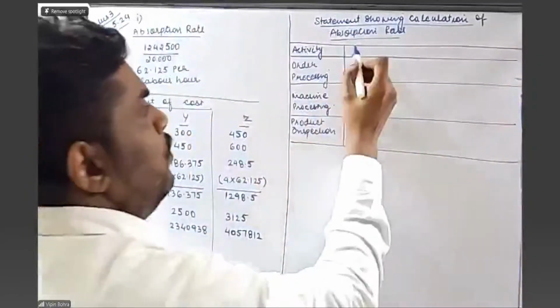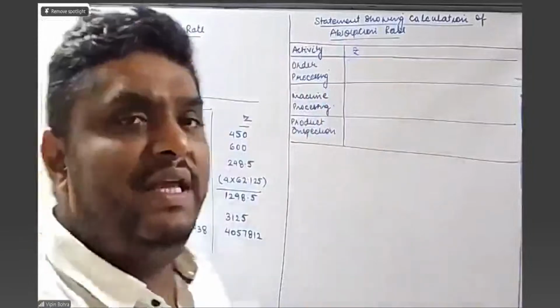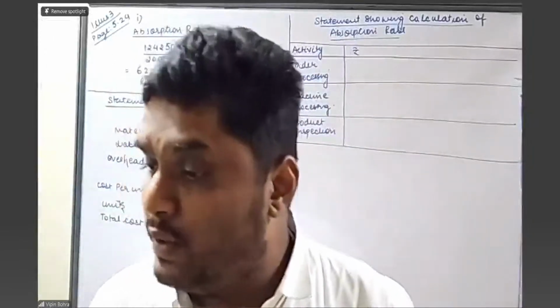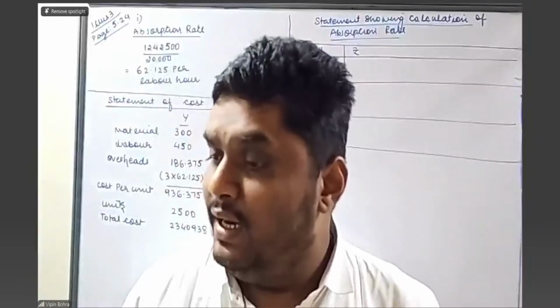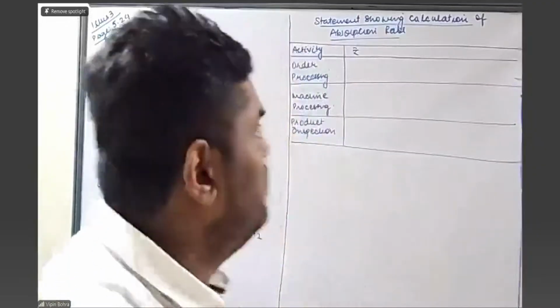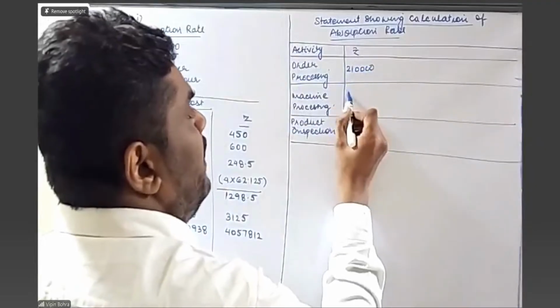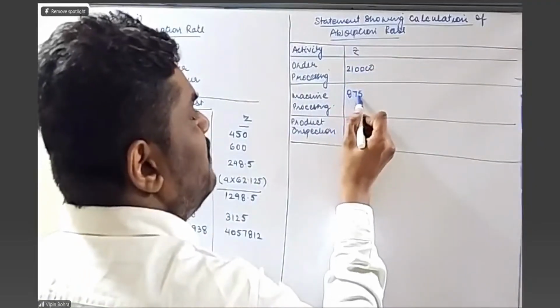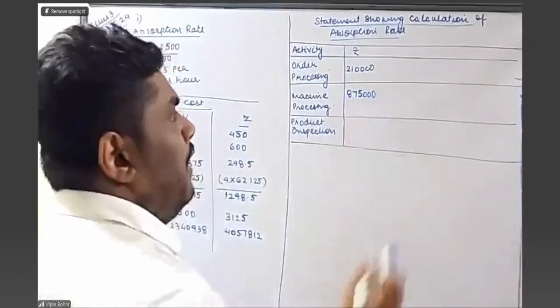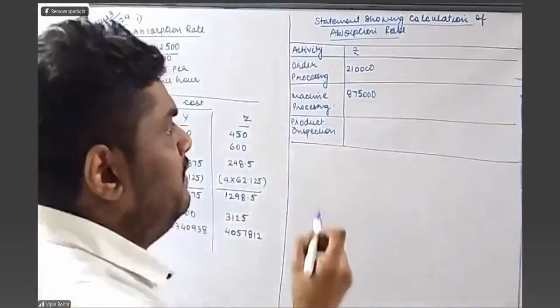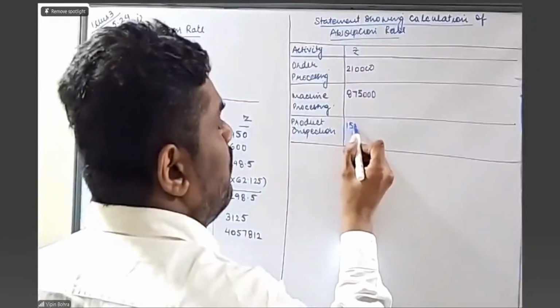Now, the total cost relating to an activity is grouped together to form a cost pool, and this is also given in the question. That is the cost relating to an activity: 2,10,000, 8,75,000, and 157,500.